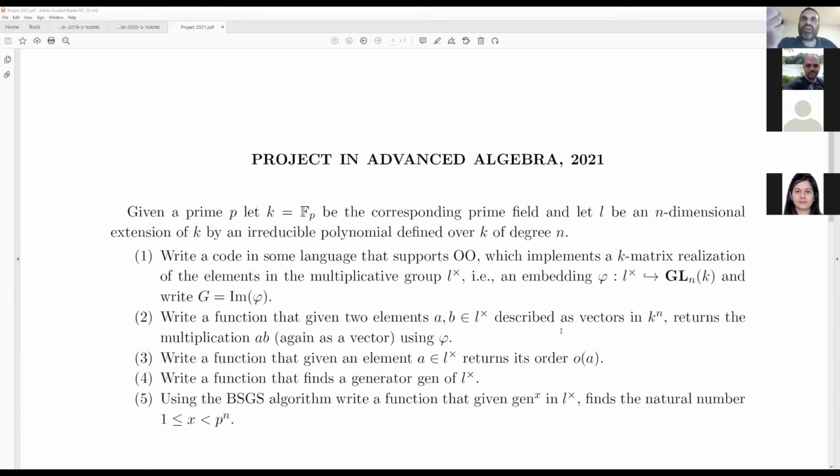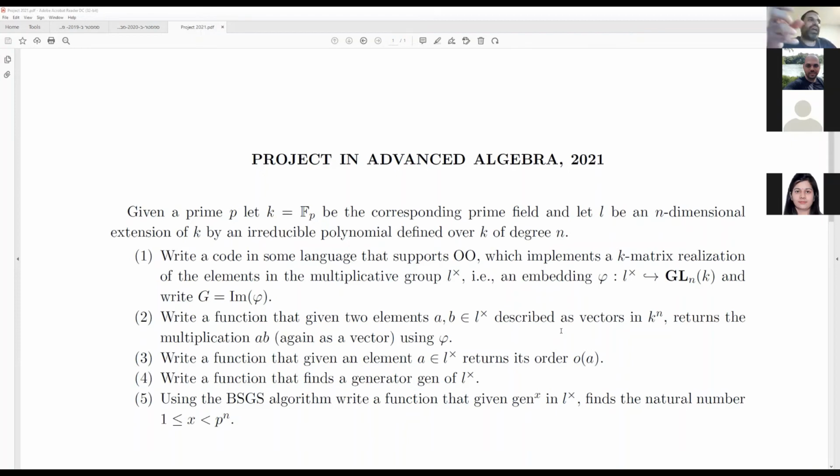You have to create some interface, it doesn't have to be a GUI, that asks the user to give a vector of the length of the extension dimension, which represents some element in L star.